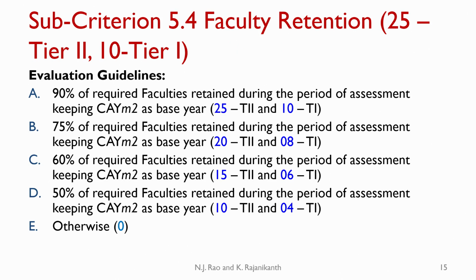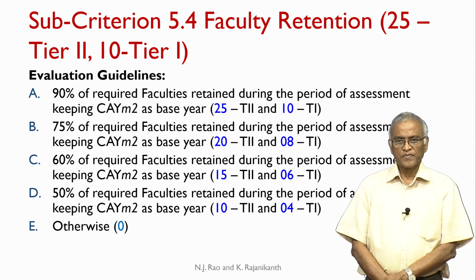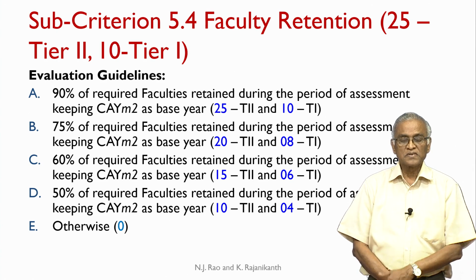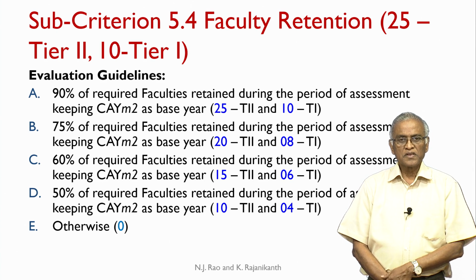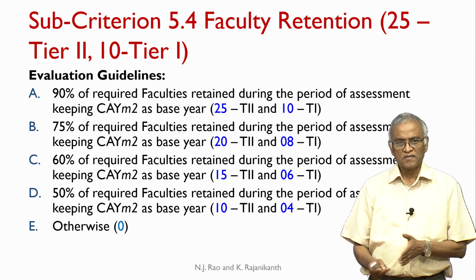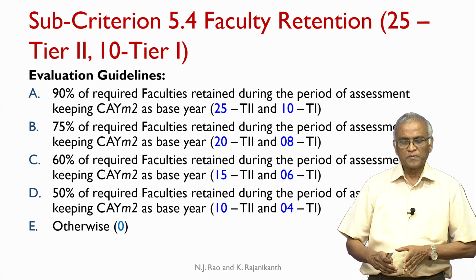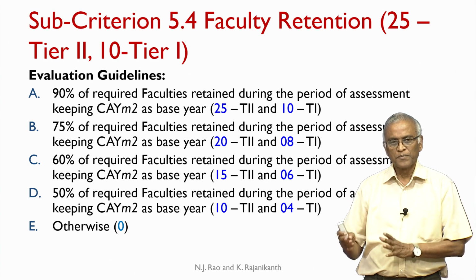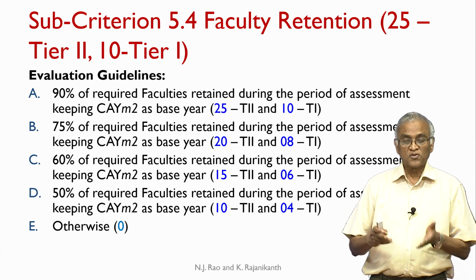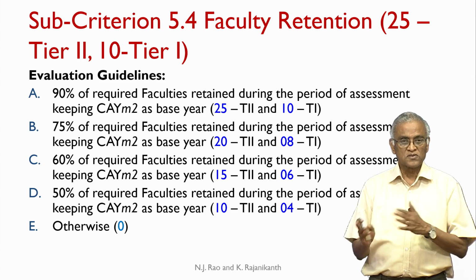Now, we come to another aspect which NBA considers important: faculty retention. If faculty are coming and going regularly, as it happens in some of the colleges, there is no continuity at all. If a faculty member stays for one semester and leaves, then the department has to make some temporary arrangements and ask some faculty member to teach a course with which he has no experience and so on.